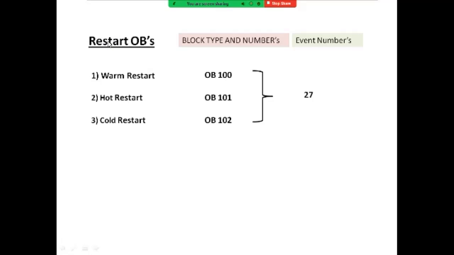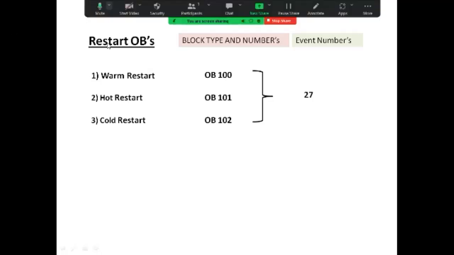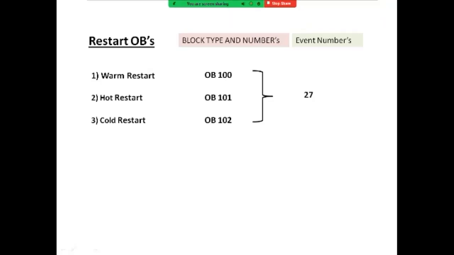So what happens is, when you put your CPU to run, this OB number 100 is executed only one time, meaning it is refreshing your CPU memory, just like a refresh. Once we restart our PC or laptop, we right click and restart, refresh. What is it doing? It is resetting your memory. The same thing is performed by this OB number 100.